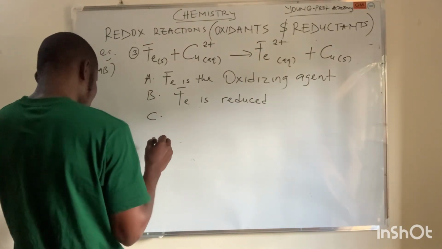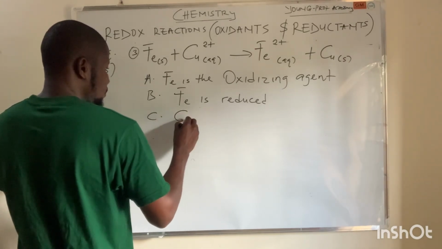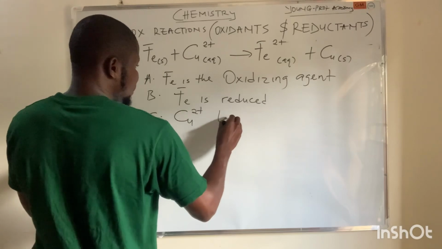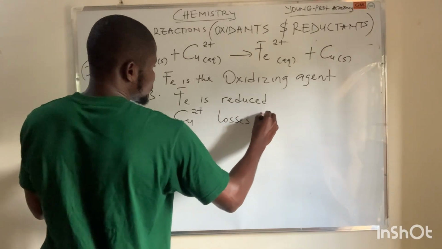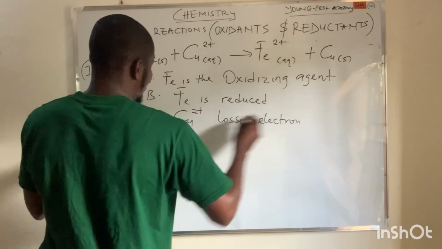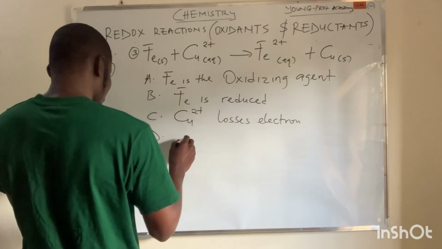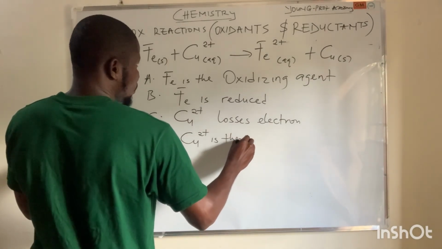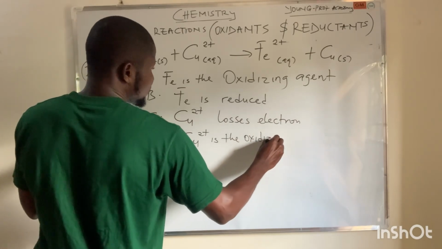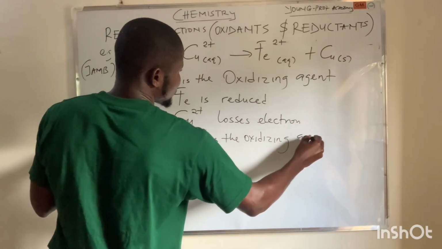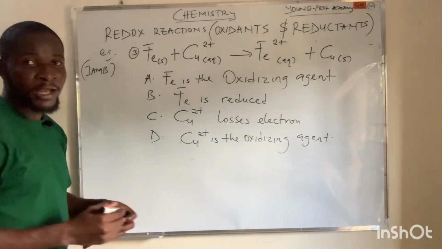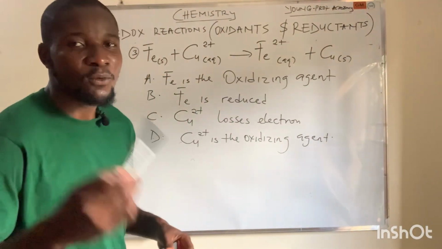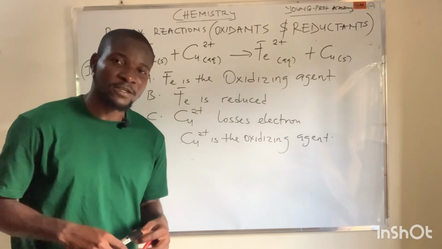C says copper 2 ion loses electron. And D says copper 2 ion is the oxidizing agent. So, another simple but technical one, how can we get the answer of this question?